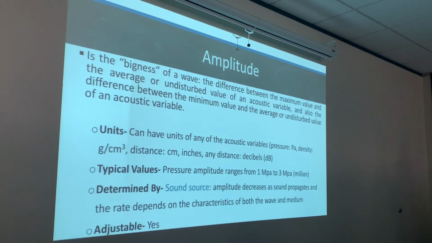The amplitude is adjustable by us, guys. One way we can adjust amplitude, when we use this button, we're changing all of the bigness parameters. When we change our acoustic power, remember I showed you guys that button on the machine? Acoustic power, we're changing the amplitude, we're changing the power, we're changing the intensity.